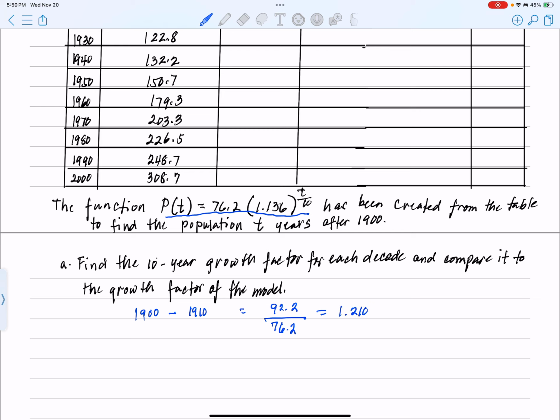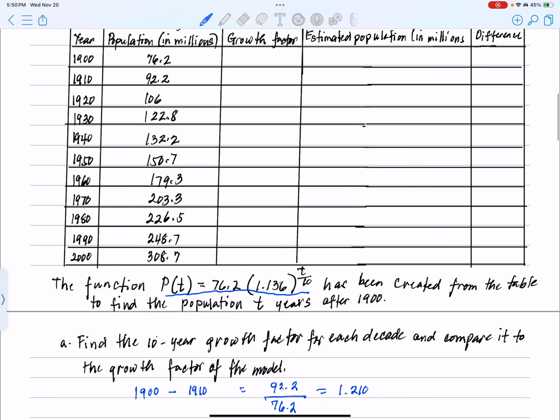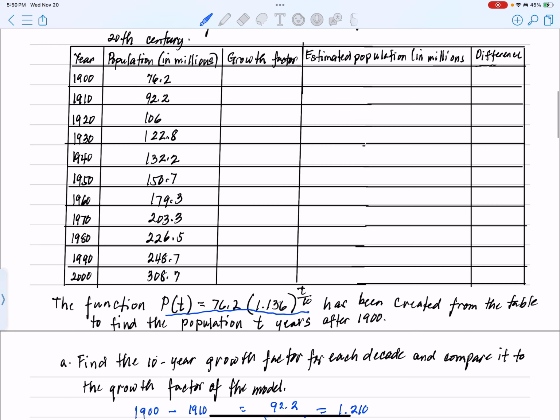So I can start writing the growth factor between 1900 and 1910 as 1.210.